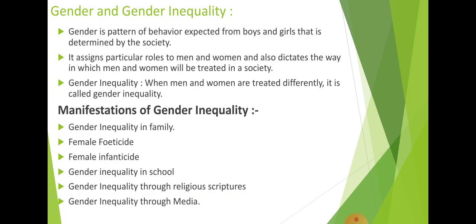In many families, the father or any other male member is considered to be the head of the family. It is the patriarchal system. So all the members of the family try to look after the needs of that particular male member.